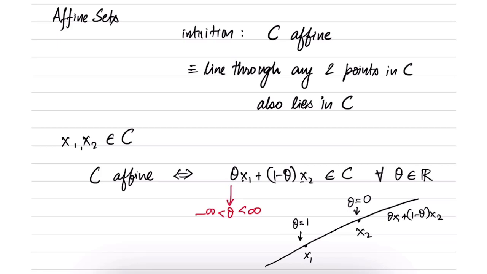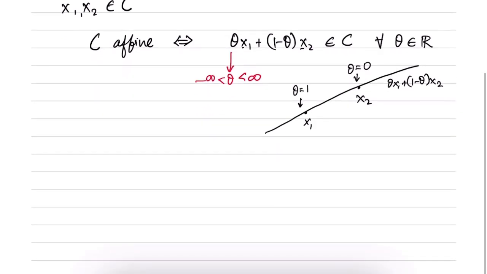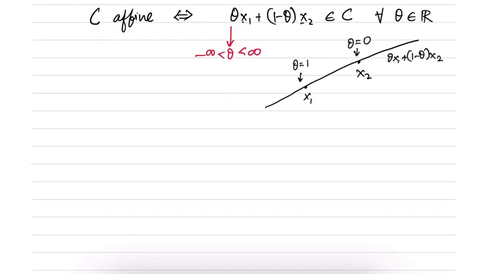So let us take a more concrete example of an affine set. So consider the example, the set of all x in Rn such that A times x is equal to b. So I just want to emphasize that here x is an n-dimensional vector.